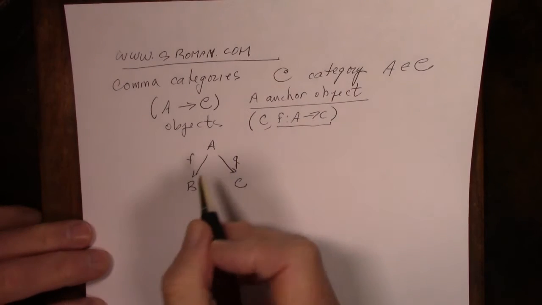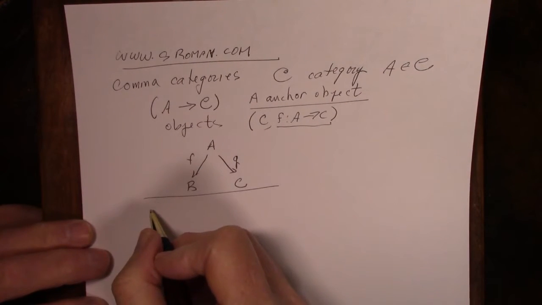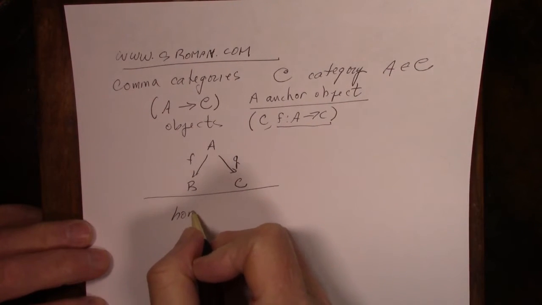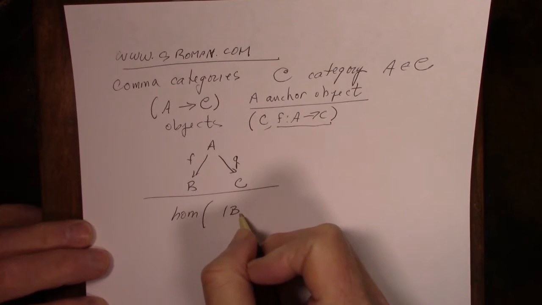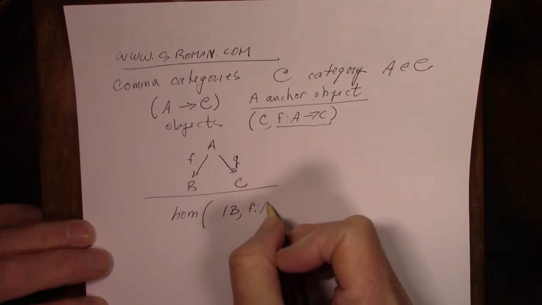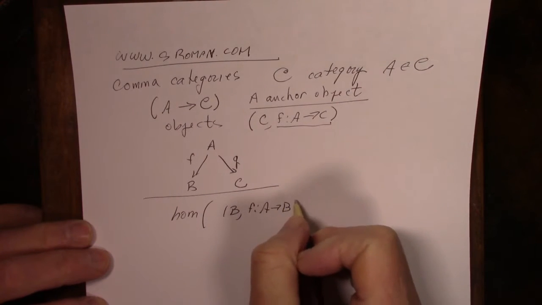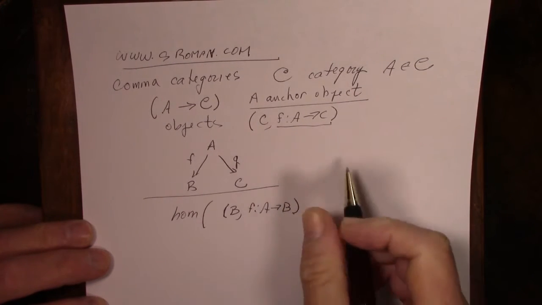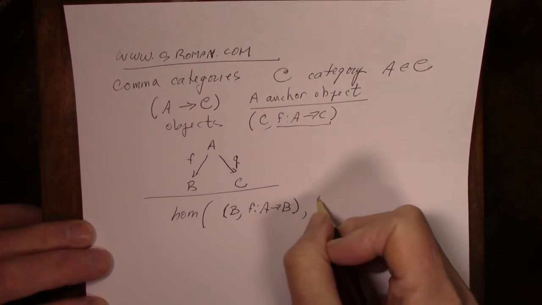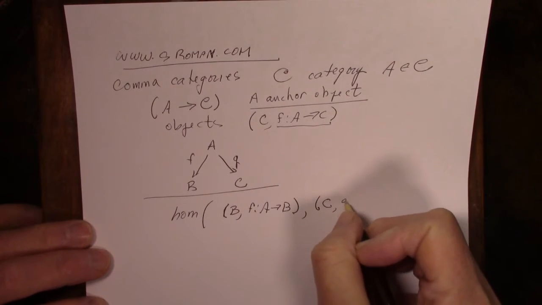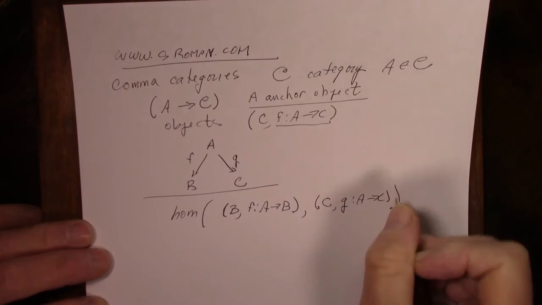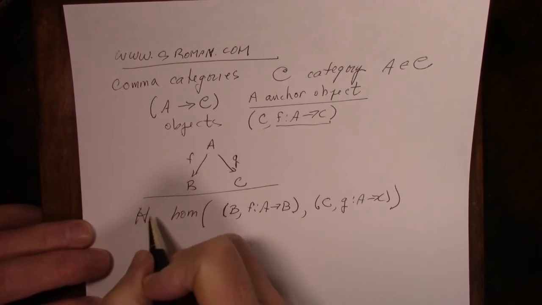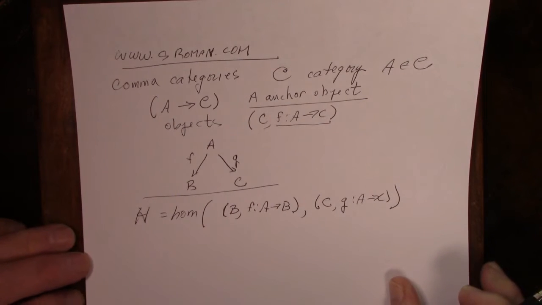Okay, so I want to define the Hom set from B, F, A to C, G, A, from this object to this object. And I'll call this set H, this Hom set.